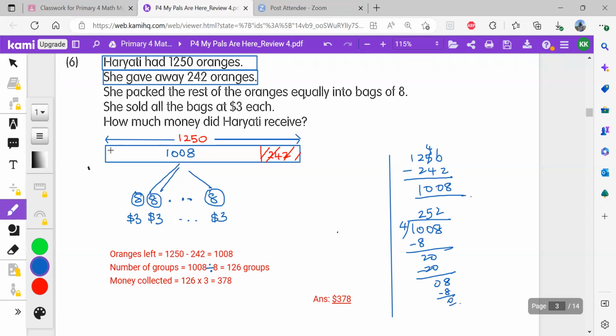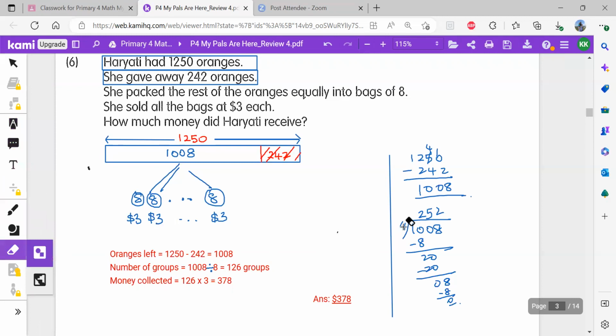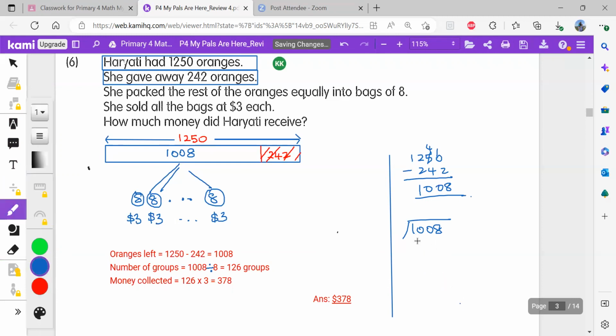Oh my god, it's divided by 8. I must be tired. I think I'm just drawing too much.